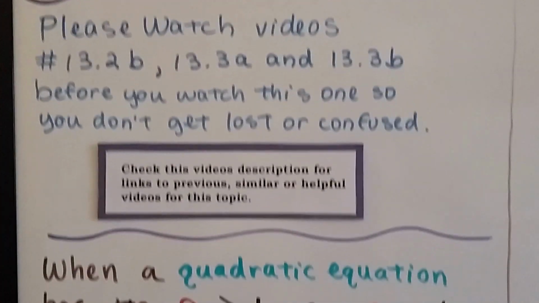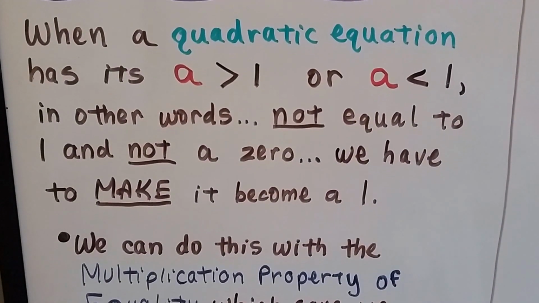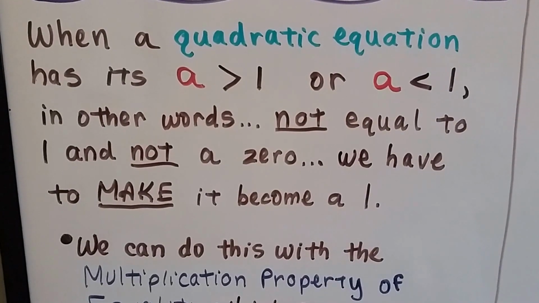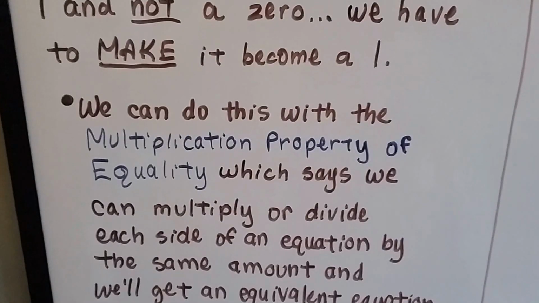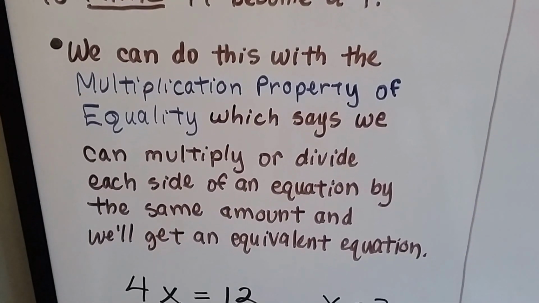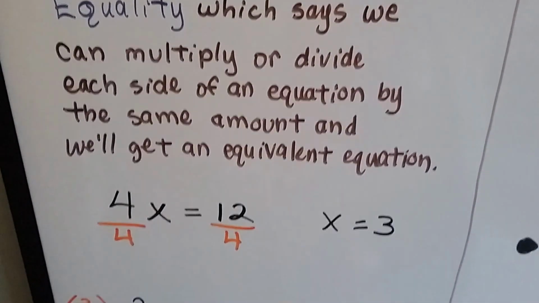So when a quadratic equation has its a greater than 1 or less than 1, in other words, not equal to 1 and not a 0, we have to make it become a 1. We have to force it. We can do this with the multiplication property of equality, which says that we can multiply or divide each side of an equation by the same amount, and we'll get an equivalent equation.